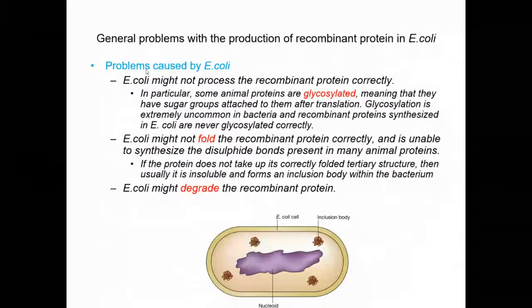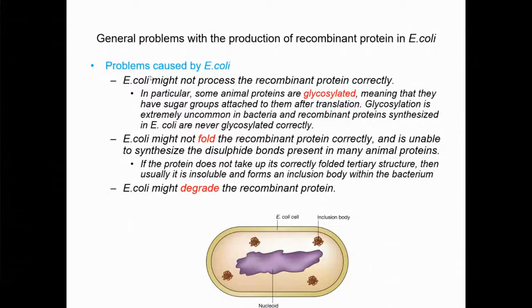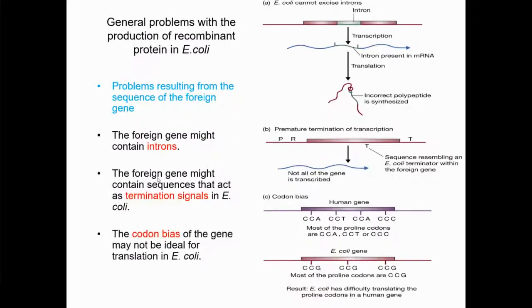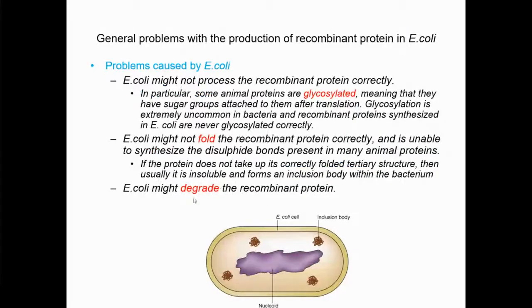And also, this problem is caused by the DNA sequence that you try to clone. And this problem is caused by the bacteria cells. Number one, the bacteria cell might not process the recombinant protein correctly, because some animal proteins are glycosylated.